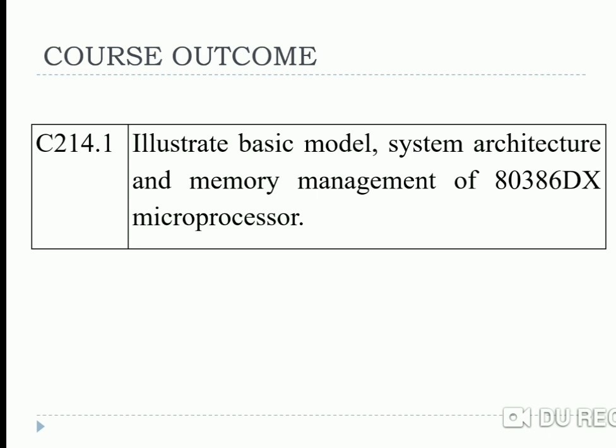The course outcome for this Unit 2 is: after completion of Unit 2, students should be able to illustrate the basic model, system architecture and memory management of the 80386DX microprocessor.